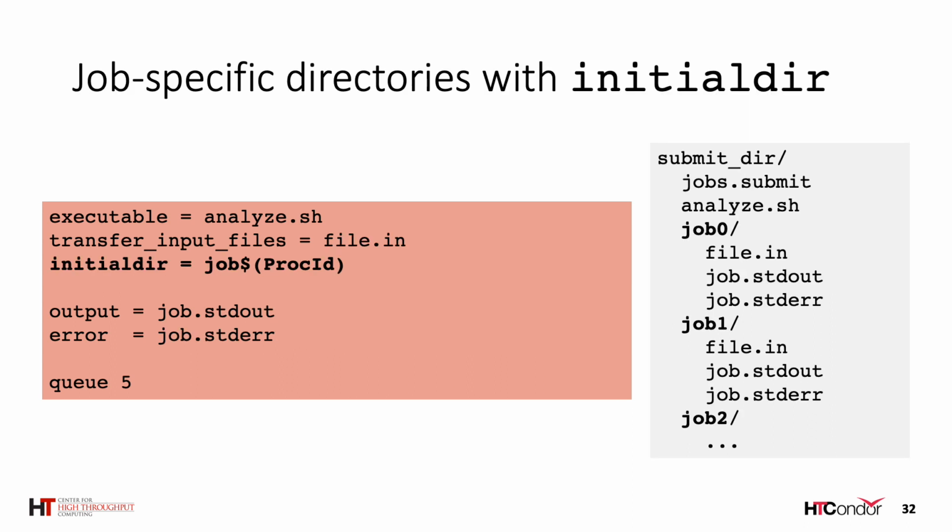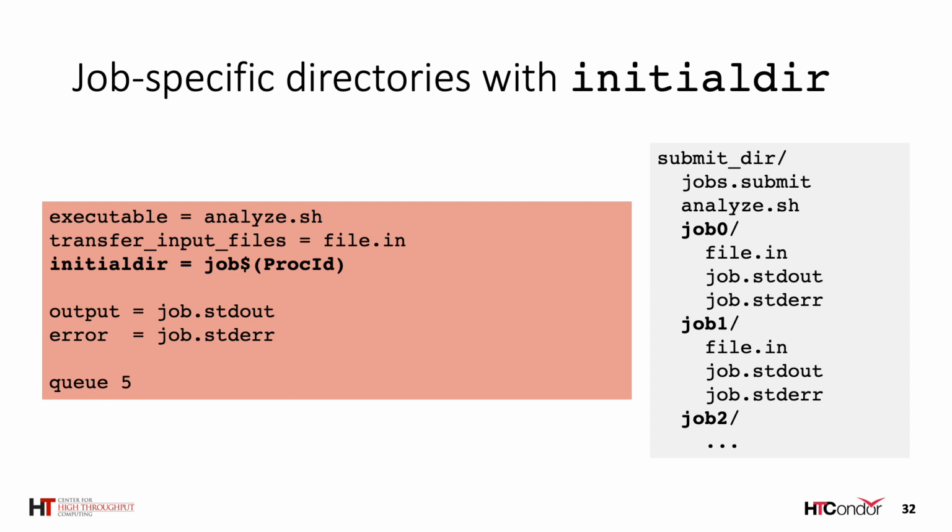Another paradigm that you can use for organizing job submissions and job files is one directory per job. This is common if people have many output files being generated per job that they all want to come back to the same place. So here I've set up an example where I have a directory for each job I want to run.